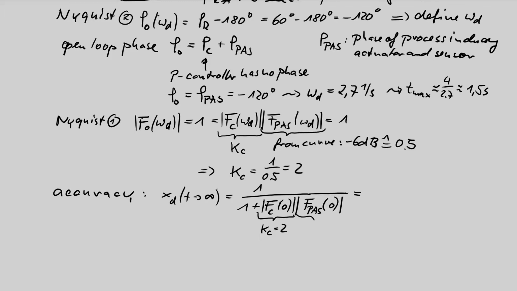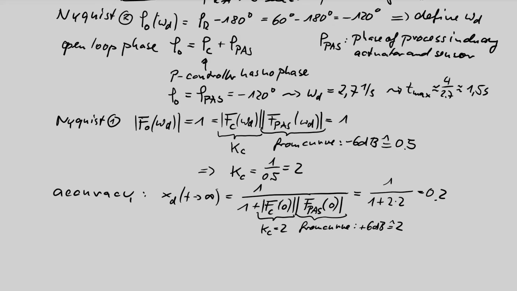So we can say from curve, this is plus 6 dB, equivalent to factor of 2. So we have the following result: 1 divided by 1 plus 2 times 2. 2 times 2 is 4, 1 divided by 5 is 0.2.